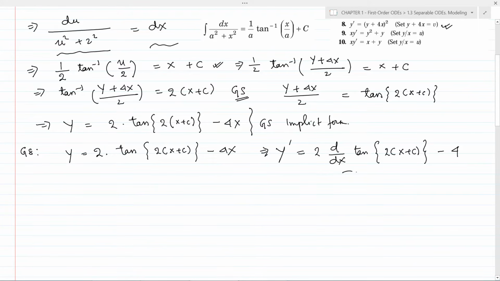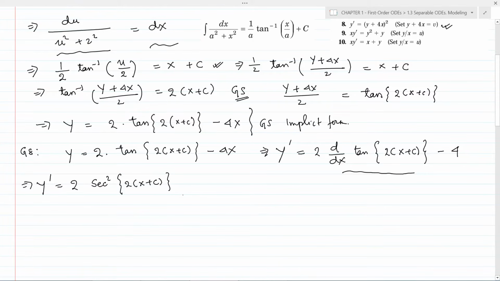Now we have to evaluate this expression. So we write this as y dash is equal to 2. We use the chain rule. The derivative of tan x is sec square x. So we write this as sec square of 2 whole into x plus c.